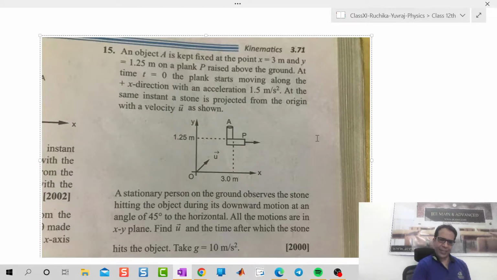At the same instant, a stone is projected with a velocity u as shown. A stationary person on the ground observes the stone hitting the object during its downward motion at an angle of 45 degrees to the horizontal. All the motions are in the xy plane. Find u and the time after which the stone hits the object.